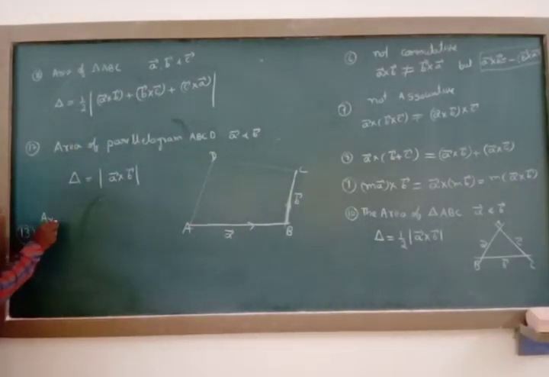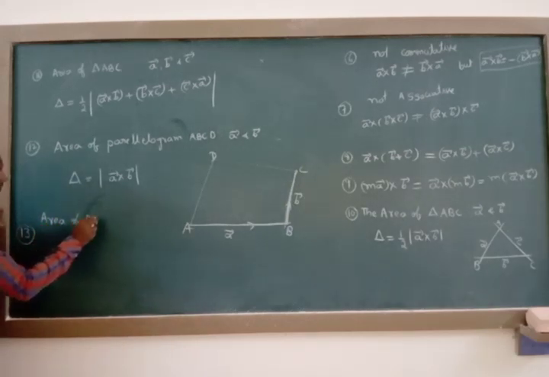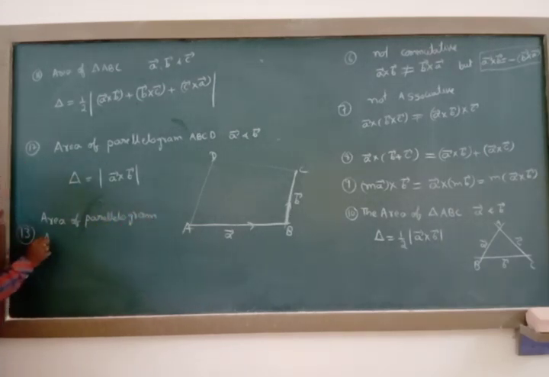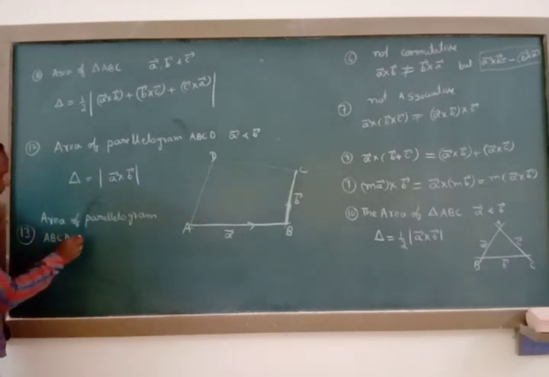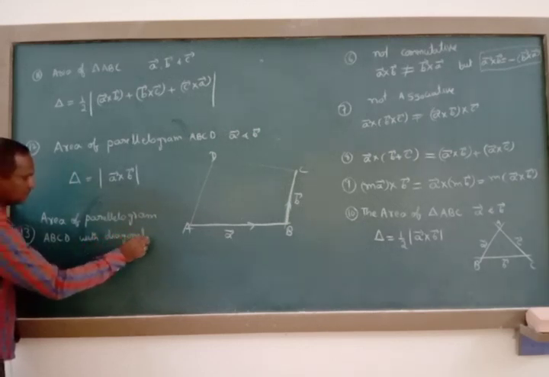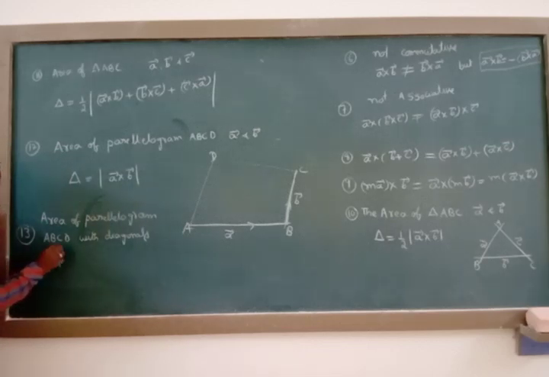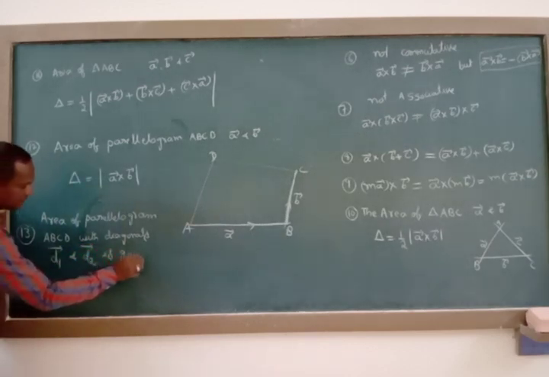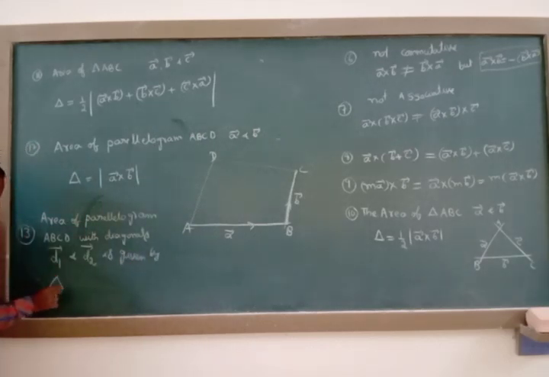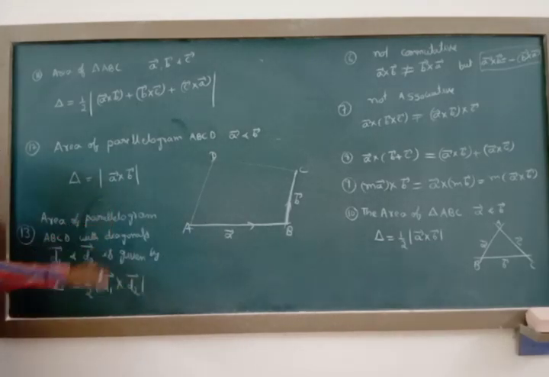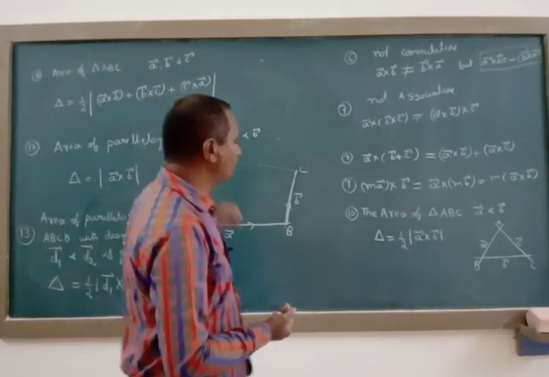The area of parallelogram ABCD with the diagonals, you can consider them as D1 bar and D2 bar, is given by delta is equal to half into magnitude of D1 bar cross D2 bar.